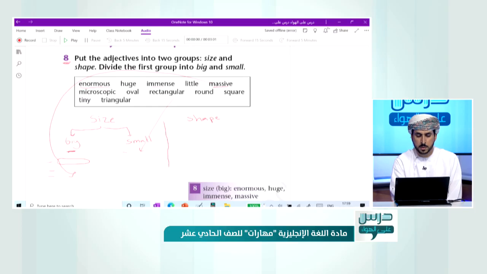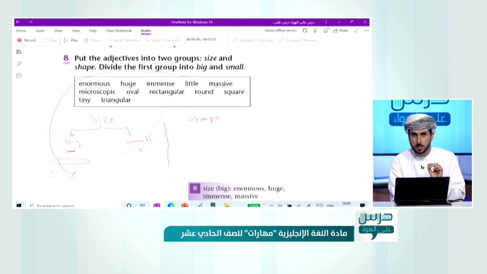So write massive here. Now what about microscopic? You can remember the meaning of this word by imagining the microscope, the photo that I showed you at the beginning of the lesson.